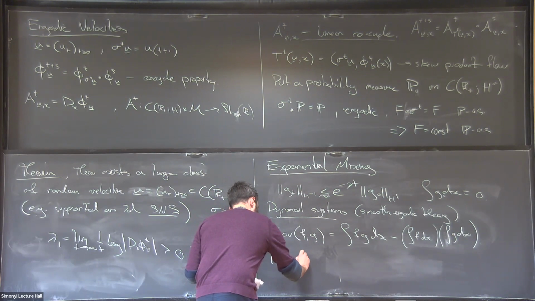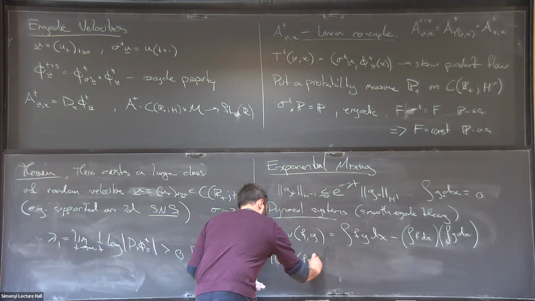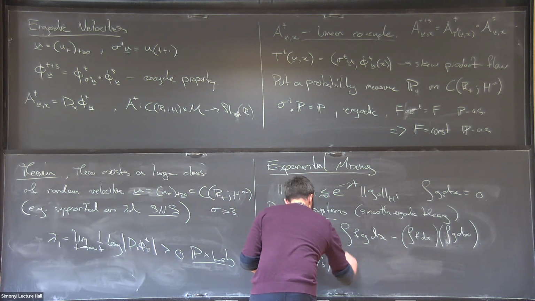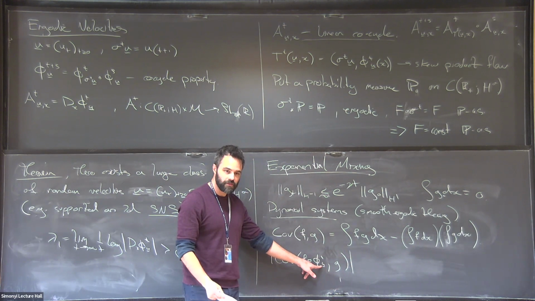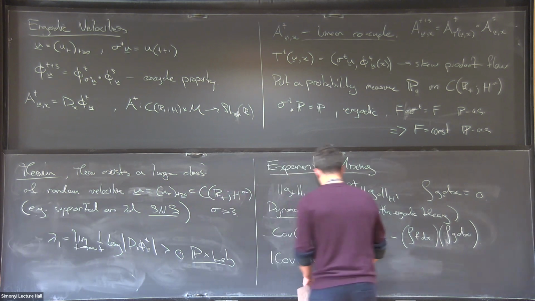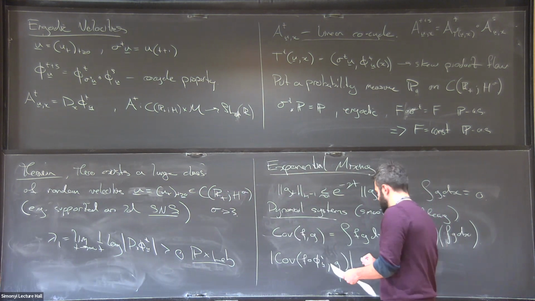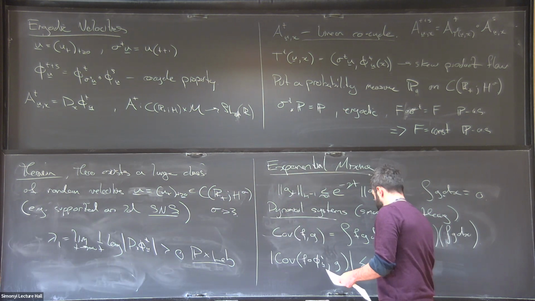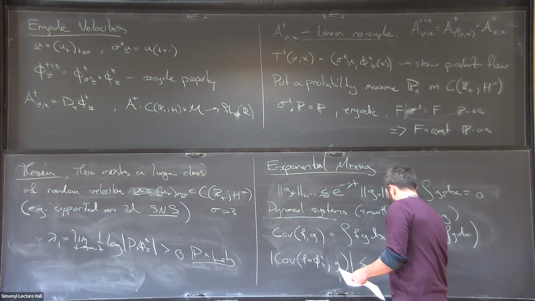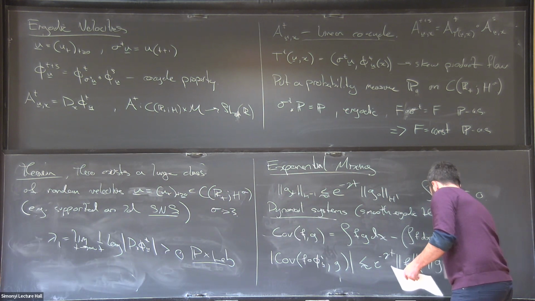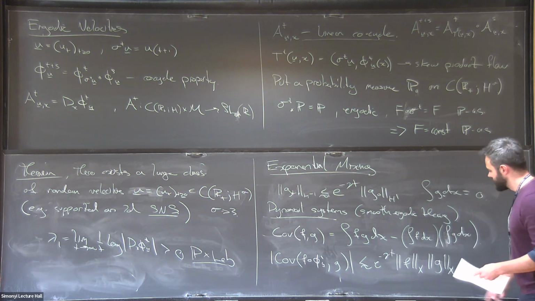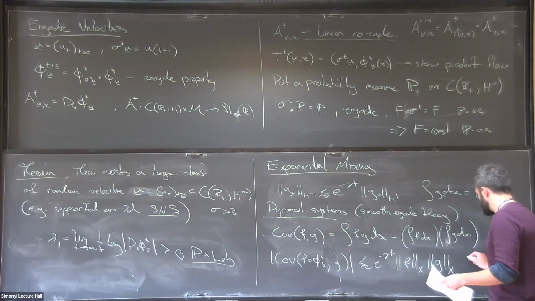There are more general ways to formulate this, but the covariance between f along the orbits of phi and g decays like e to the minus gamma t times some norms of f and g, and it's quite important to mention that these are regularity norms.